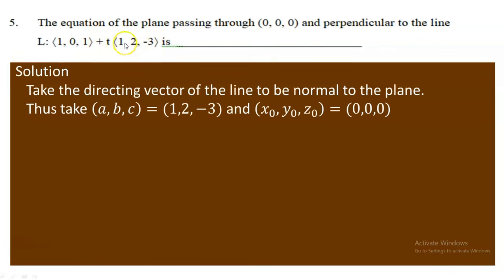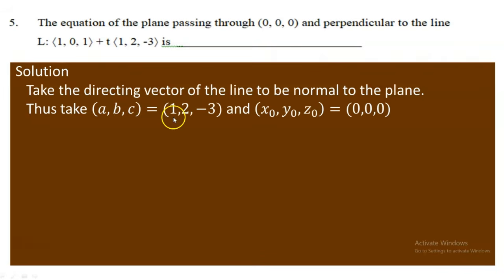Since the line is perpendicular to the plane, the directing vector is also perpendicular to the plane. That's why I'm considering this vector as the orthogonal or normal vector to the plane.